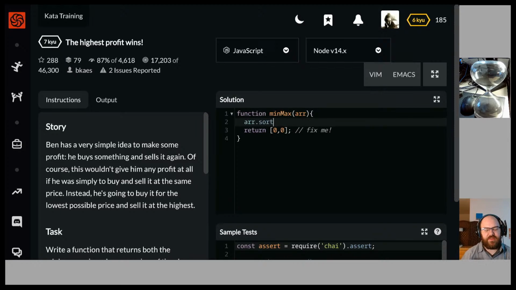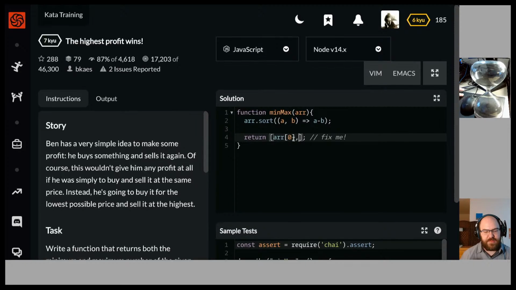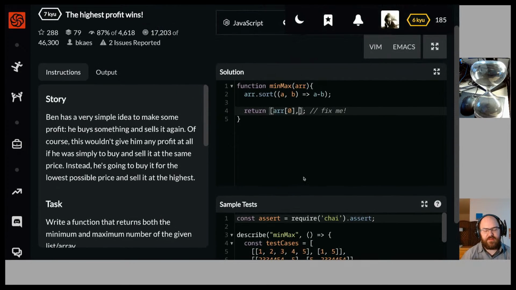Following patterns I've seen earlier today, I can do array.sort with a, b arrow a minus b, and return array at 0. Do we want minimum then maximum? Yeah, we do.